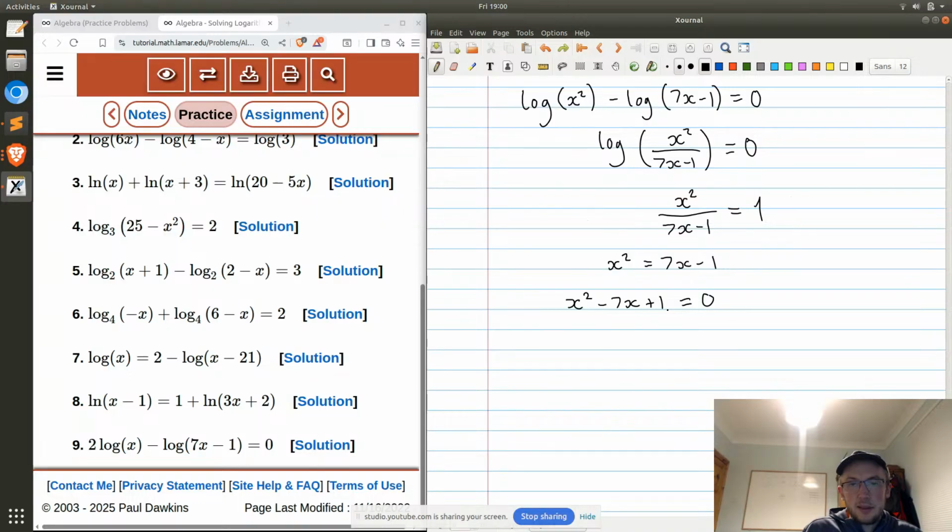Can this be factorized? No. Wait, do the discriminant. So we get 49 minus 4 times 1 times 1, which is 41. So it does have solutions, but they're just not pleasant solutions. So let's get them. I will do completing the square.